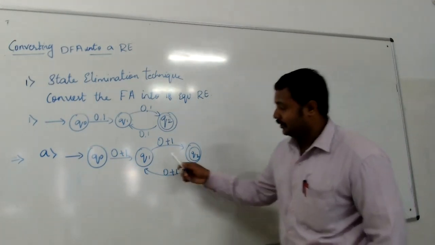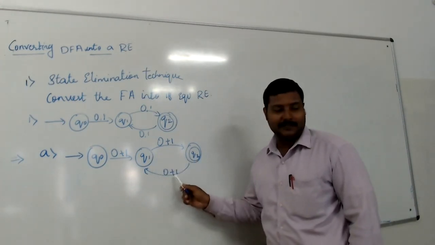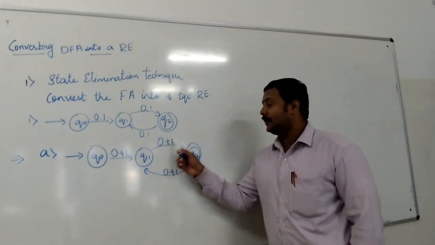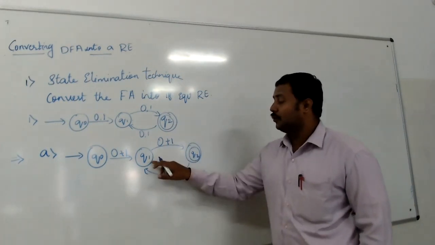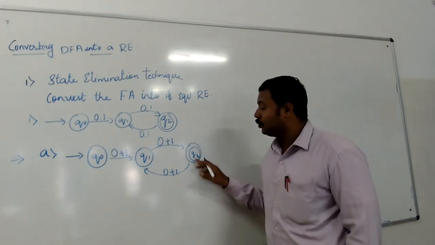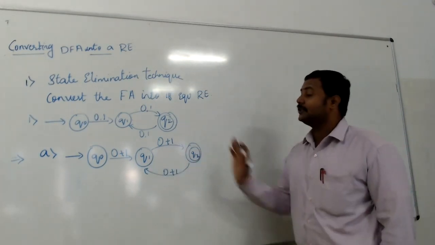See here, understand. We have a cycle here, right? Try to eliminate a cycle so that you can write this regular expression in that format. Q1 upon 0 or 1 moves on to Q2, and Q2 upon 0 or 1 moves to Q1. So now I'll change this state like this.